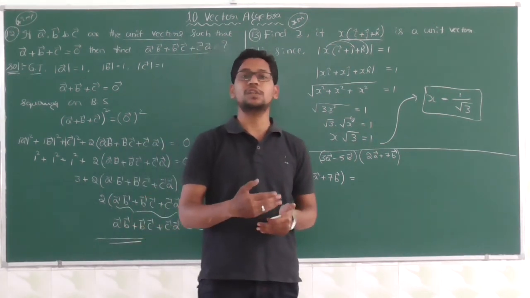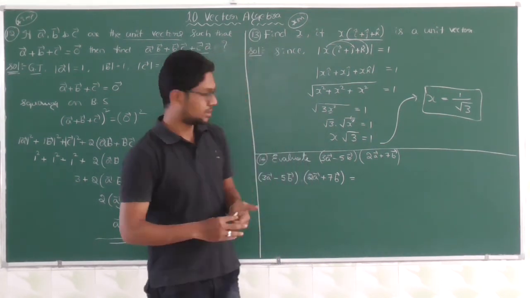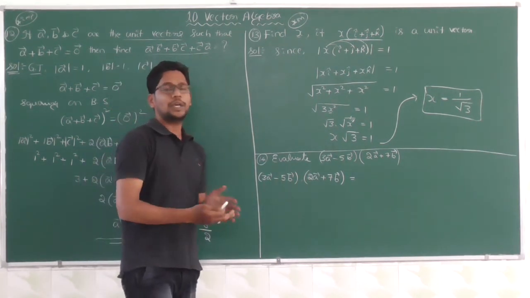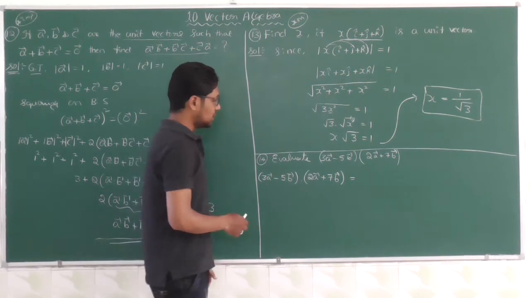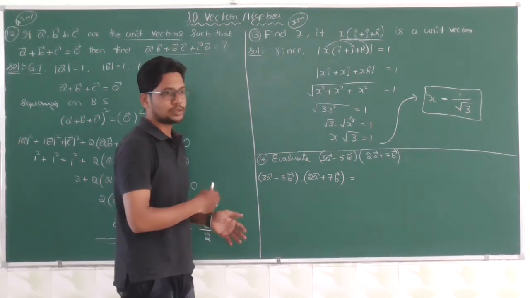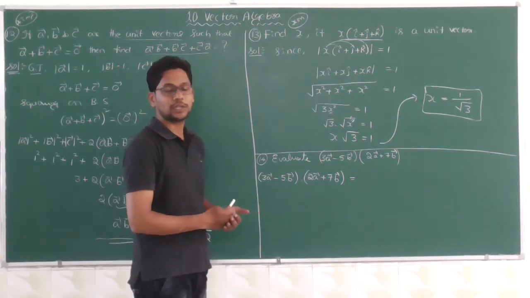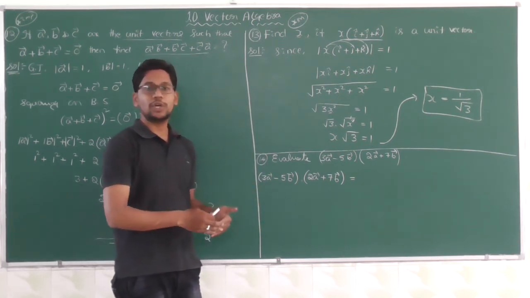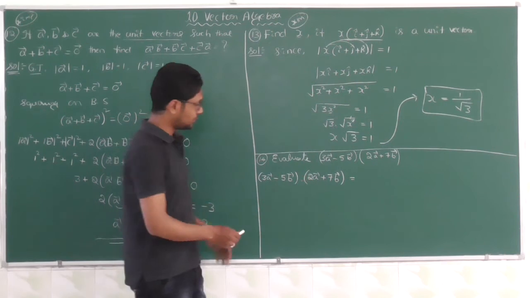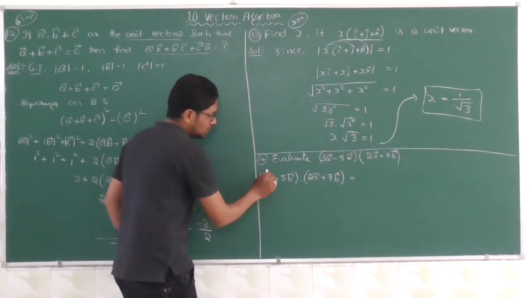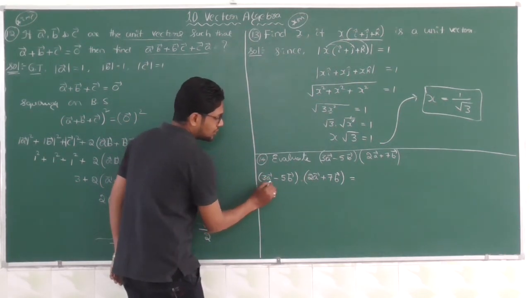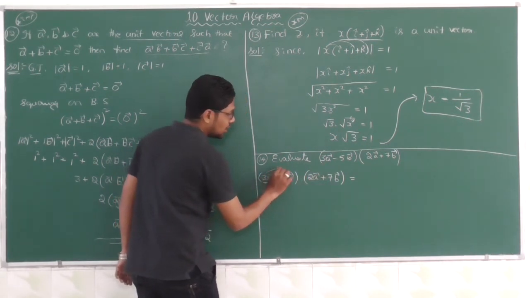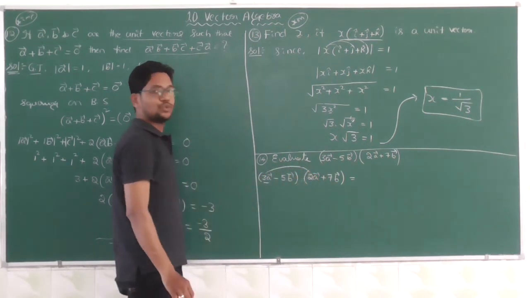These things you already know and learned in your lower classes. That multiplication which we learned in lower classes, I am doing here. First multiply this 3a vector inside the brackets: 3a vector into 2a vector.